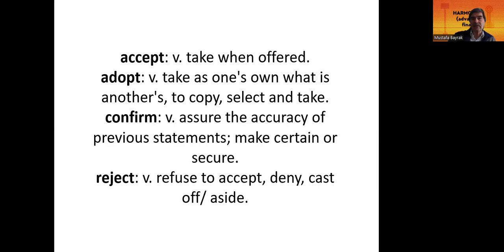Adopt means take as one's own what is another's. To copy, select and take, adopt. Confirm, assure the accuracy of previous statements, make certain or secure. Reject means, as you know, refuse to accept, deny, cast off or cast aside. Cast aside.